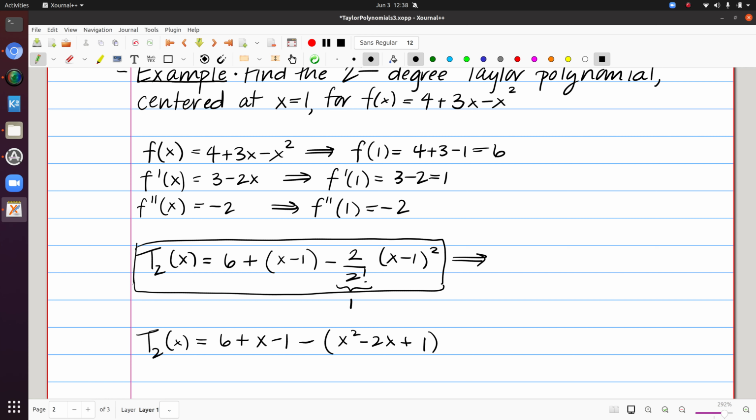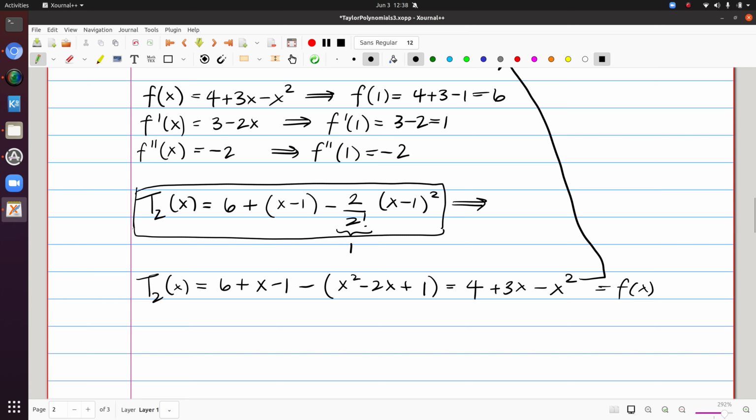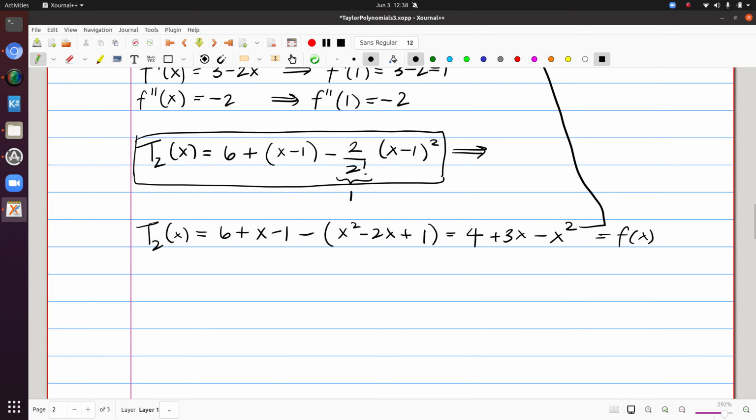So all together, we're going to have 6 minus 1 minus 1, so 4, plus x plus 2x, and then I have minus x squared. So notice that this is equal to f of x. And that is because of the fact that f of x is a polynomial.